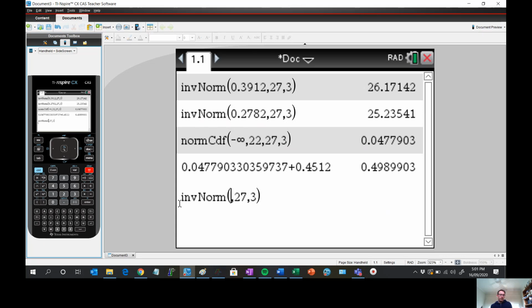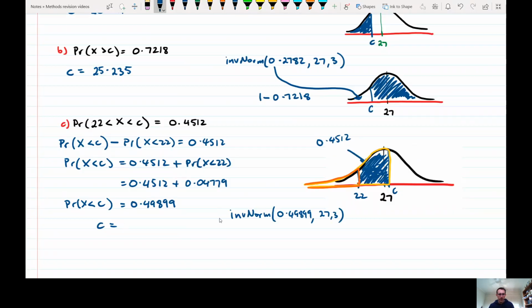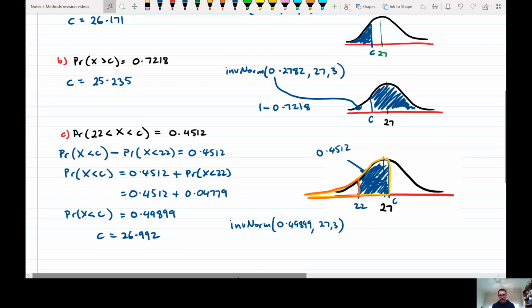Remember that what we do to insert is push up once, press enter, it brings it back down where the cursor was, press enter, and it gives you 26.992, which is very close to what 27 was, and that looks pretty reasonable in that case. And that's how you use the normal distribution and your TI to calculate the value of a variable when you have probabilities given.